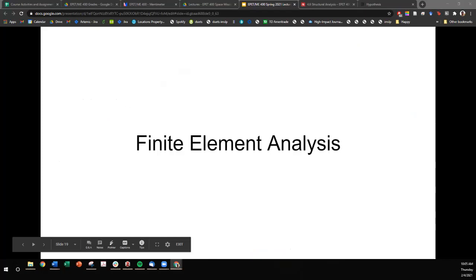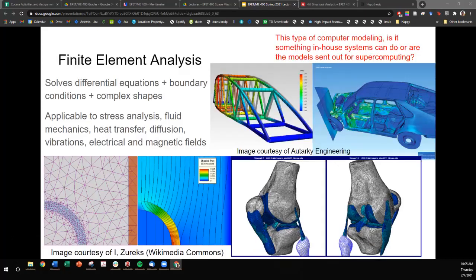Okay, finite element analysis. So finite element analysis is the computational version of what we just talked about. All the hand calculations we discussed prior to this slide were macro interactions. You think of the component under test as one piece.